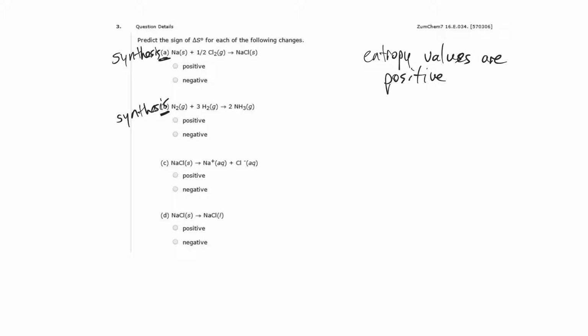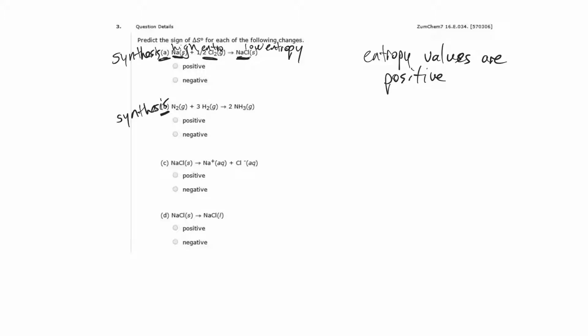So, for instance, in reaction A, you've got sodium and chlorine coming together to form sodium chloride. There's more order or less disorder when those elements are found together in sodium chloride.